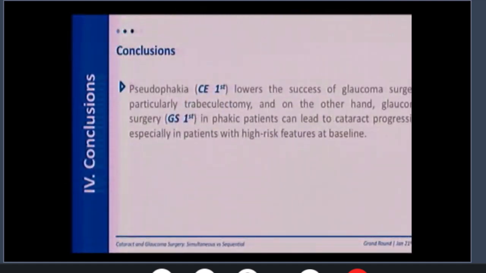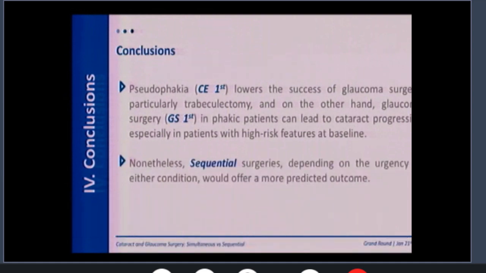And about sequential surgery, pseudophakia, which is cataract extraction first, lowers the success rate of future traditional glaucoma surgery. On the other hand, glaucoma surgery first in phakic patients can lead to progression, especially in patients with high-risk features. Nonetheless, sequential surgeries depend on the urgency of either condition, and they may offer a more predictable outcome.